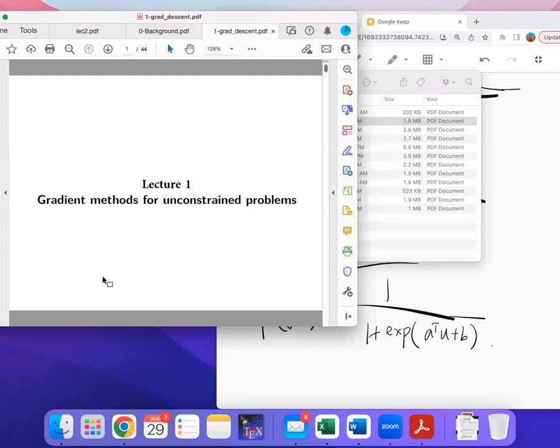So the first lecture, we will be focusing on gradient methods for unconstrained smooth problems. We will define this class of problems later. And to solve these problems, the method will be the so-called gradient descent or gradient methods.